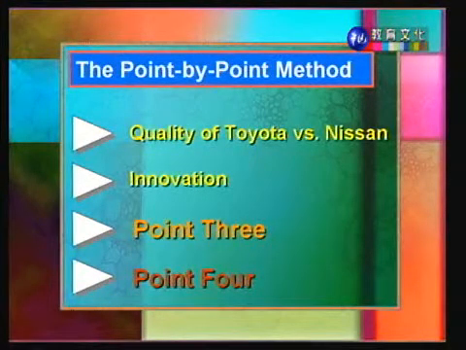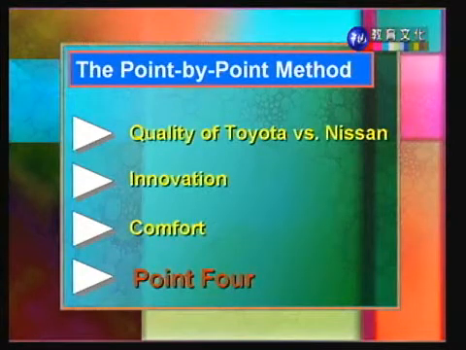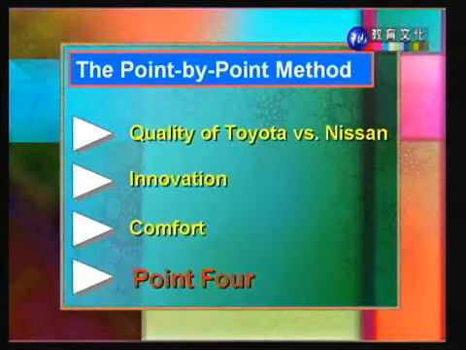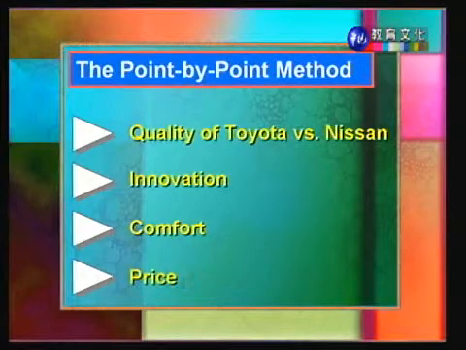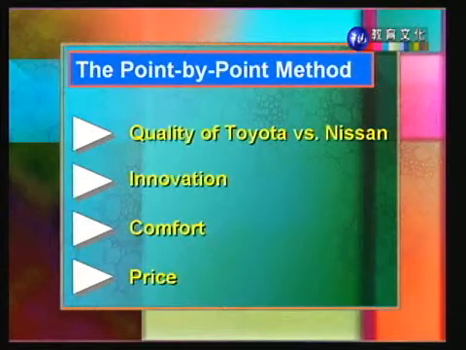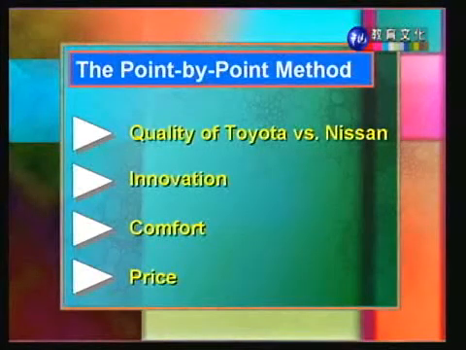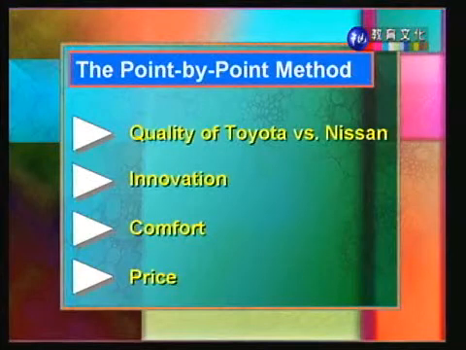In point 3, we can compare how comfortable a Toyota is versus how comfortable the Nissan is. And in our last point, we can compare the price of these two cars.